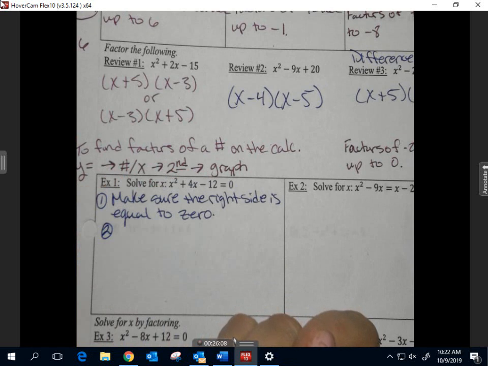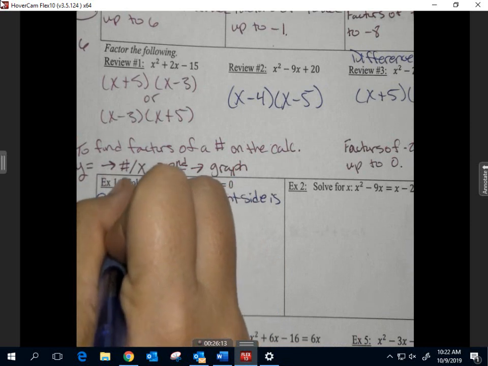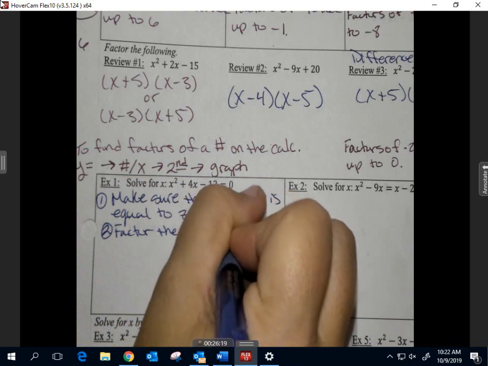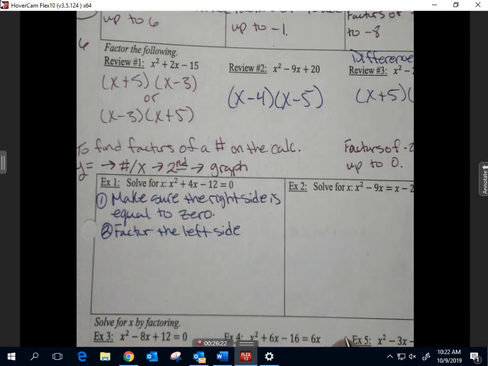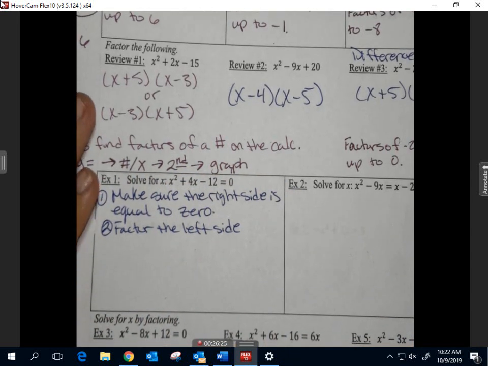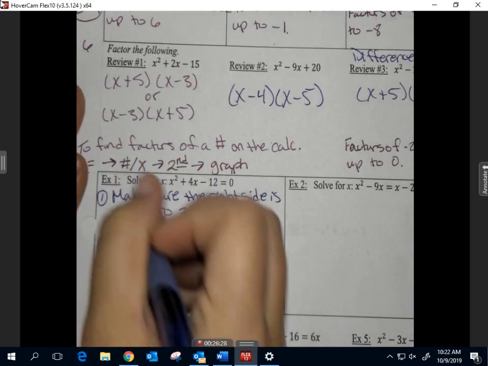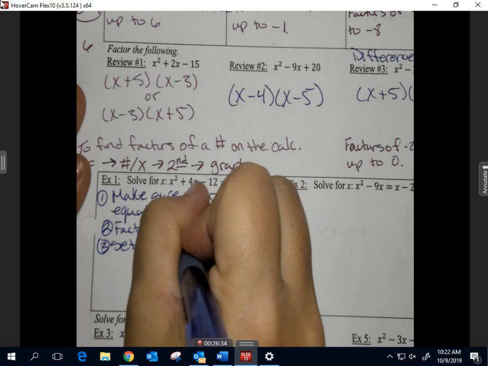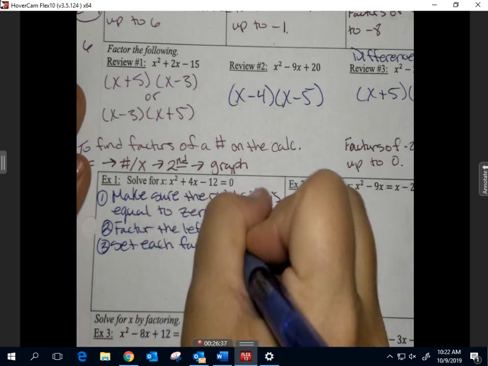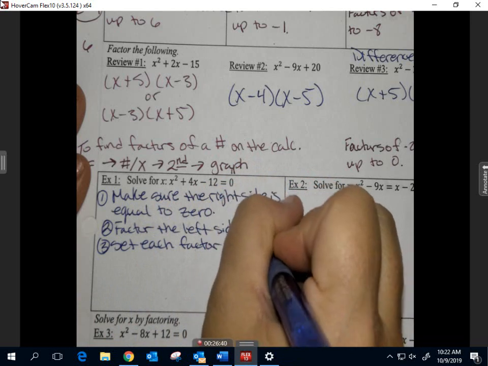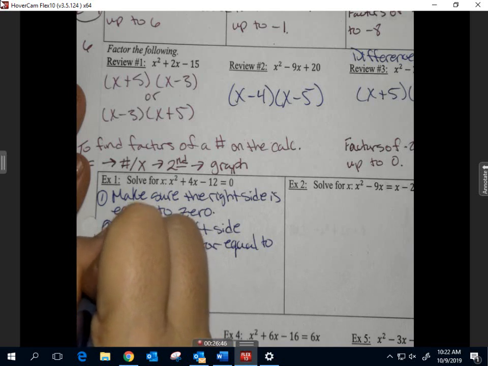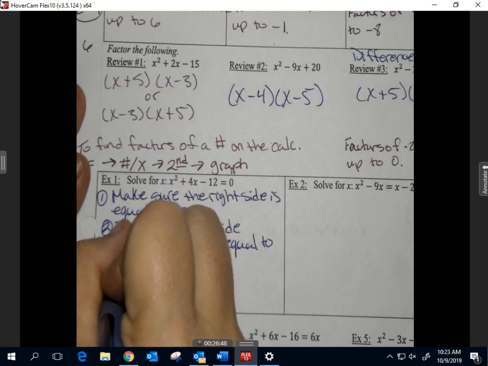Step 2, we have to factor the left side. Step 3, we're going to set each factor equal to 0. And step 4, you're going to solve both equations.